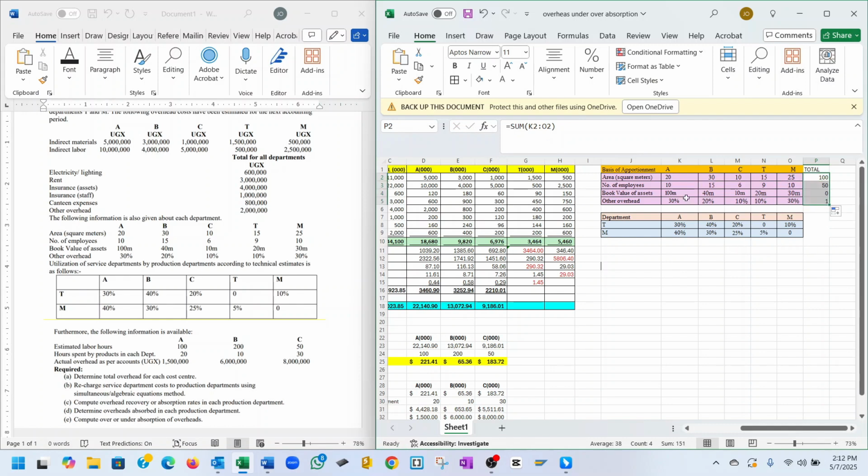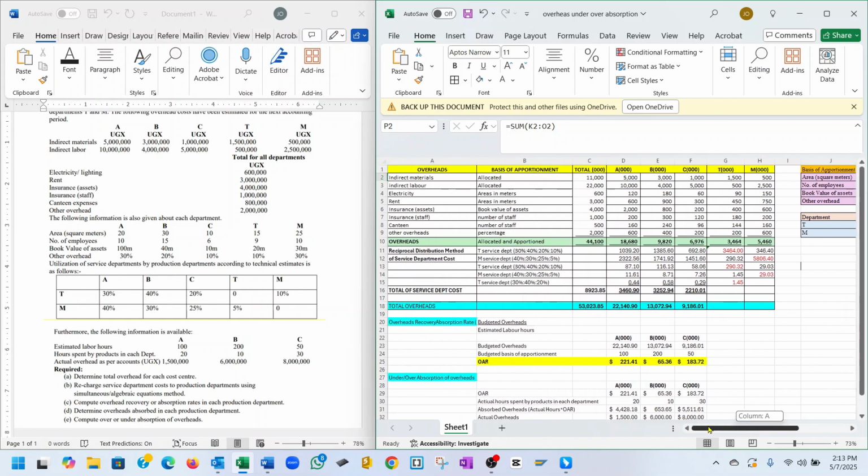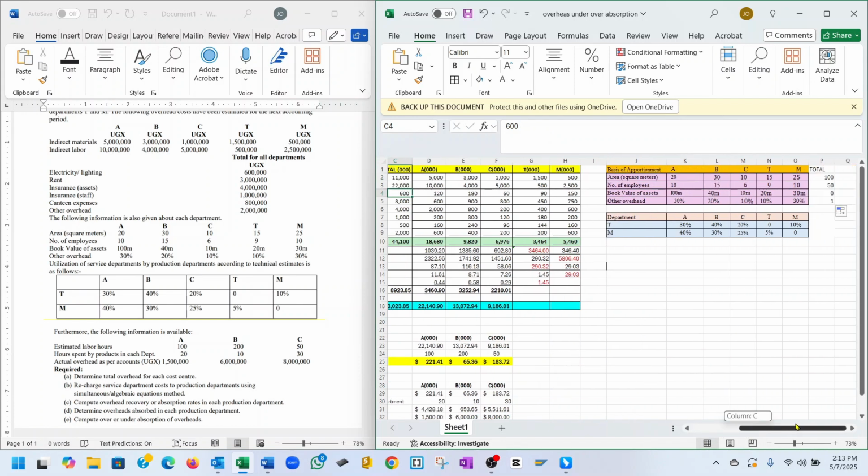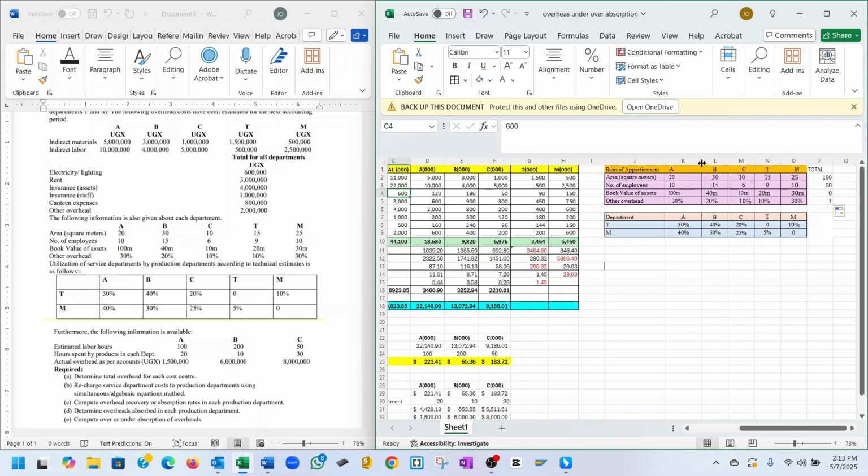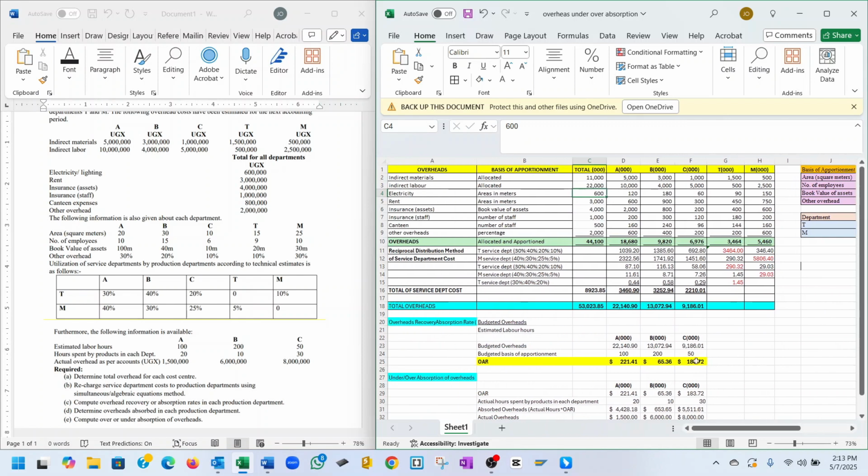Now, what this means is that when we take 20 and divide by 100 and multiply by 600, we are going to get 120.